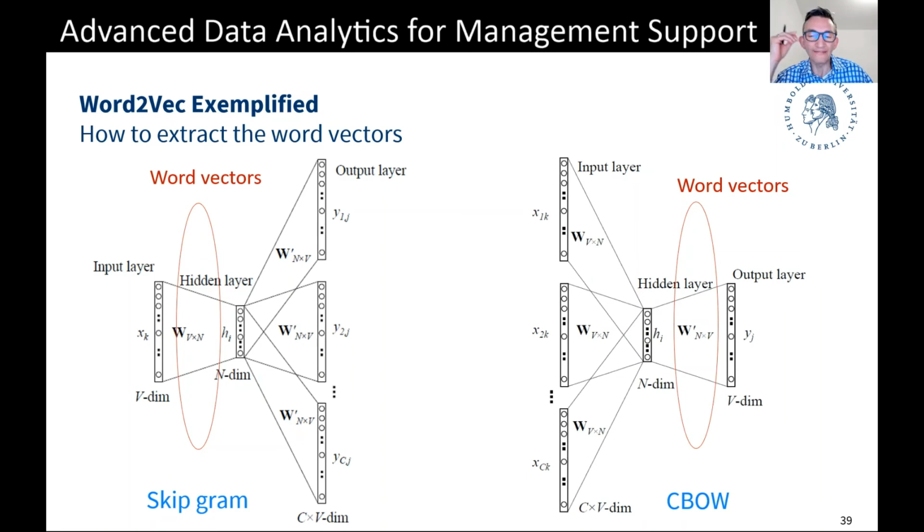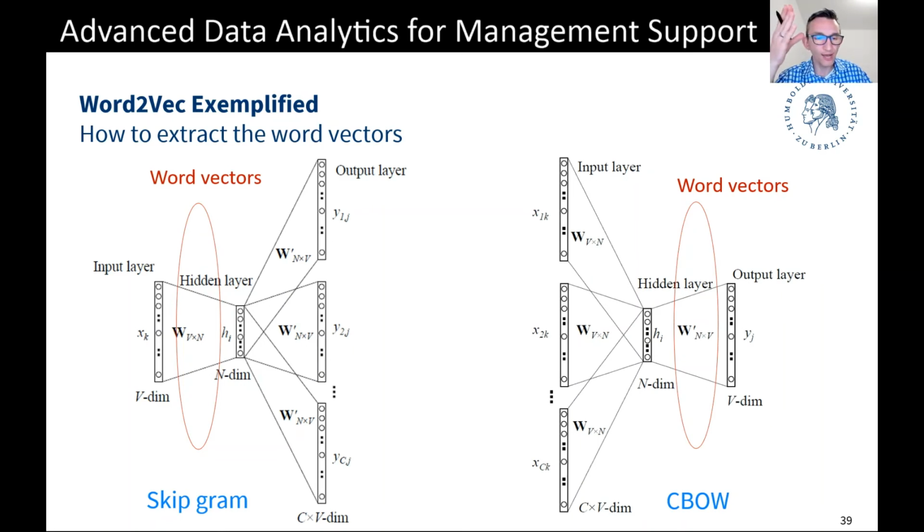And in theory, you could use either of them, W or W prime. Generally, what people do use is the weight matrix next to the single word as vector representation. So for example, in CBOW, the output is a single word, and hence the weight matrix between the hidden and the output layer is preferred, and we take that one as our embedding matrix.